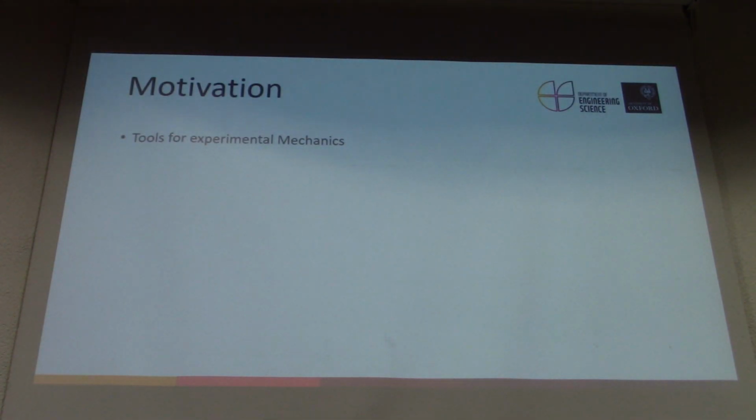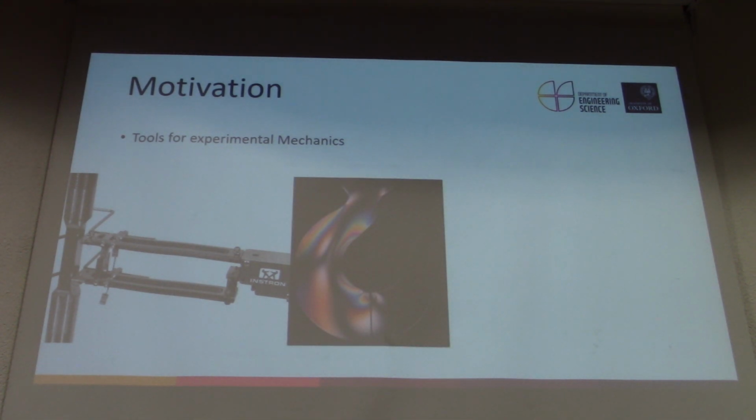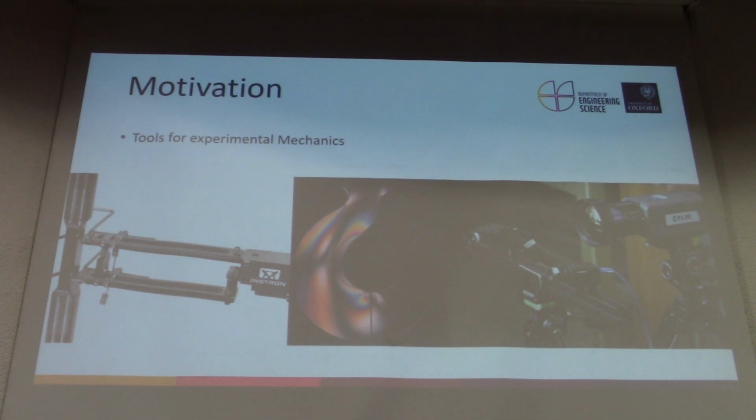So as you know, in experimental mechanics, we normally try to gather as much information as we can, depending on the phenomenon we want to observe. If we want to look at displacements, we would use an extensometer. If we want to look at the distribution of shear stresses, we make use of photoelasticity, and if we want to get a full field measurement of temperatures, we have thermal cameras.